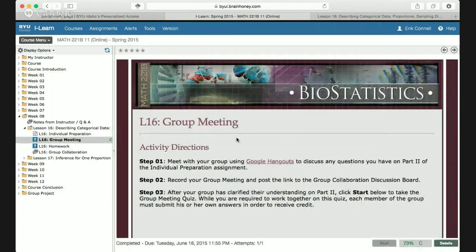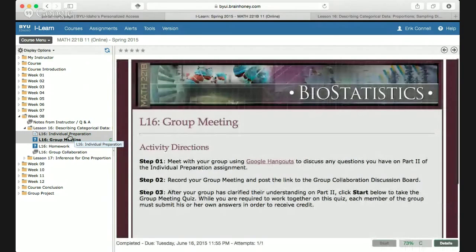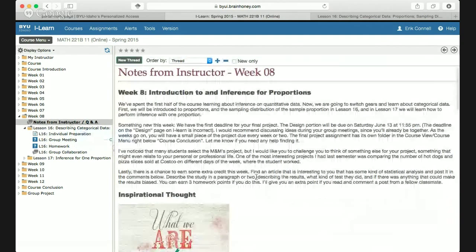I just don't know what to do for 15 or 17. I don't know what to do here.